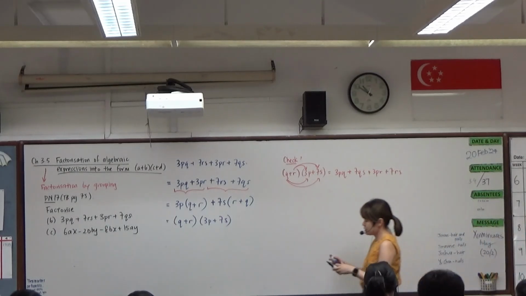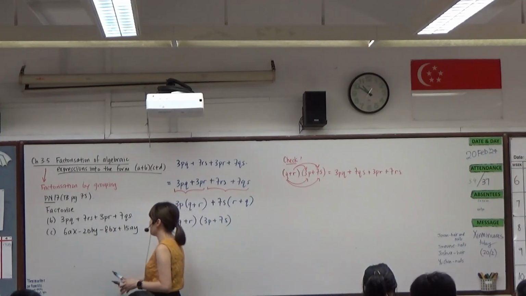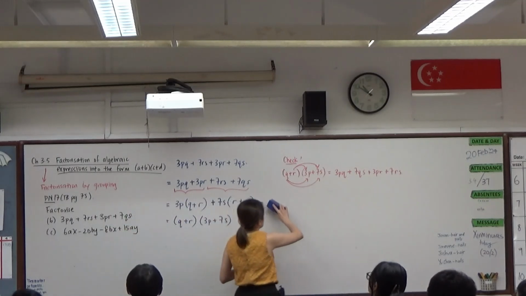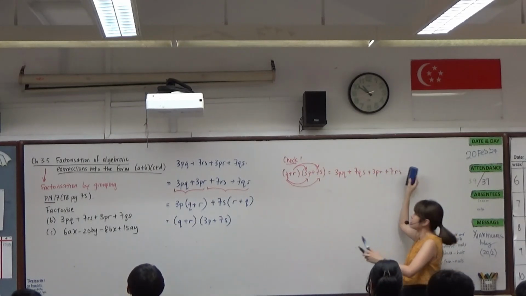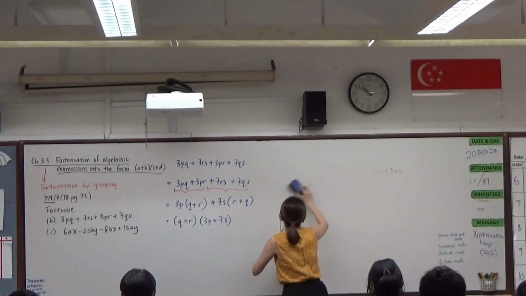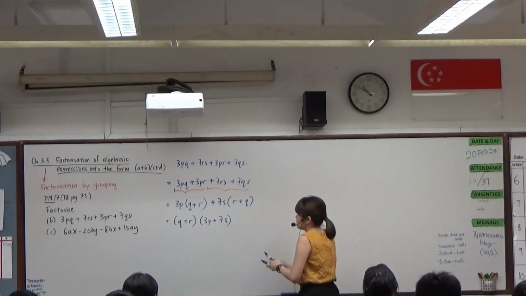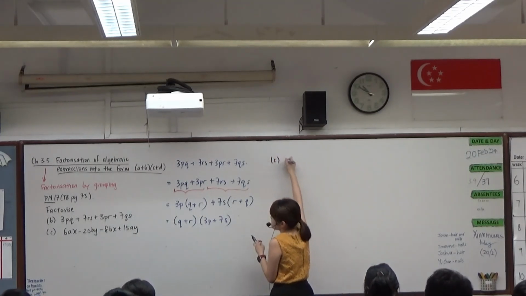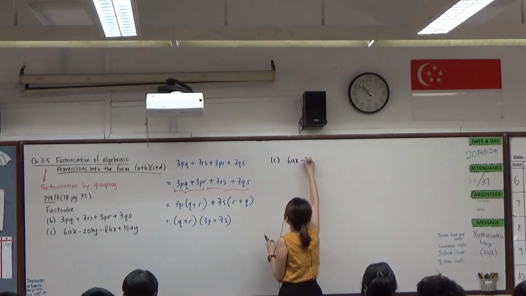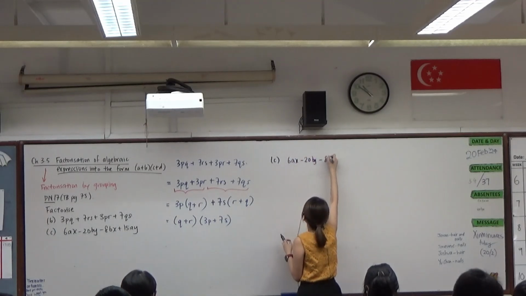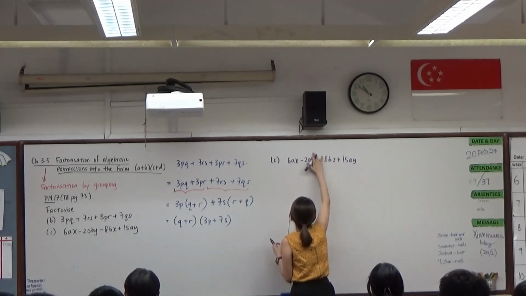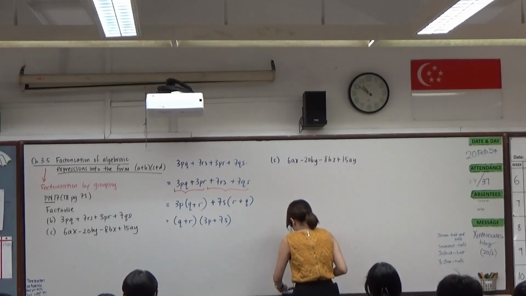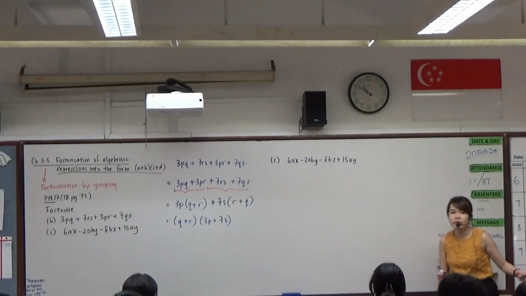So how would we go about factorizing this question? I erase the checking process. So part C. What will you do here?